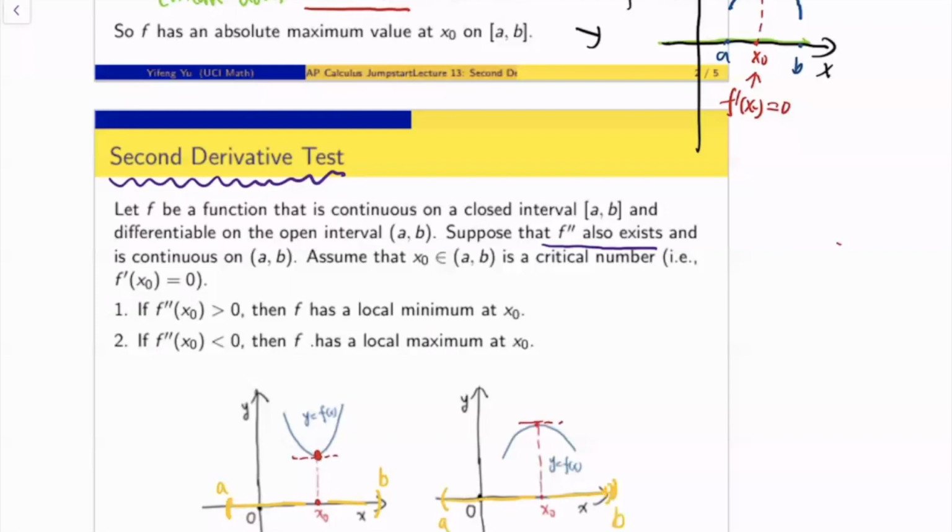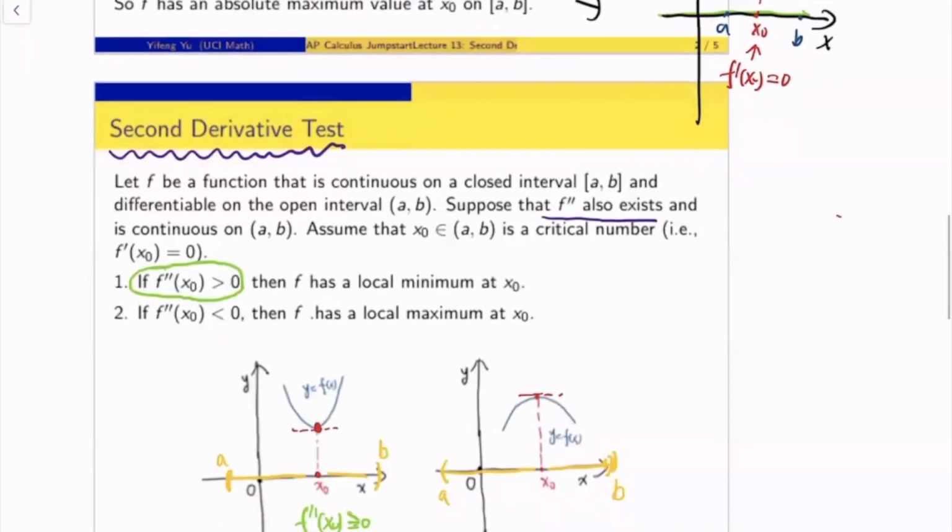Let's look at case one. In case one, I know the derivative at the point x0 is 0, and the second derivative at this point is positive. Because the function is continuous, if the second derivative is positive at this point, this implies the second derivative will be positive for x near the point x0.